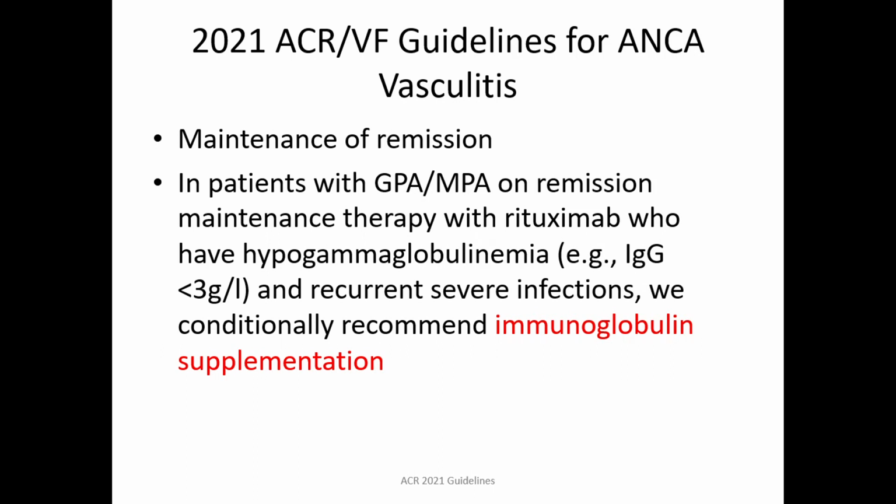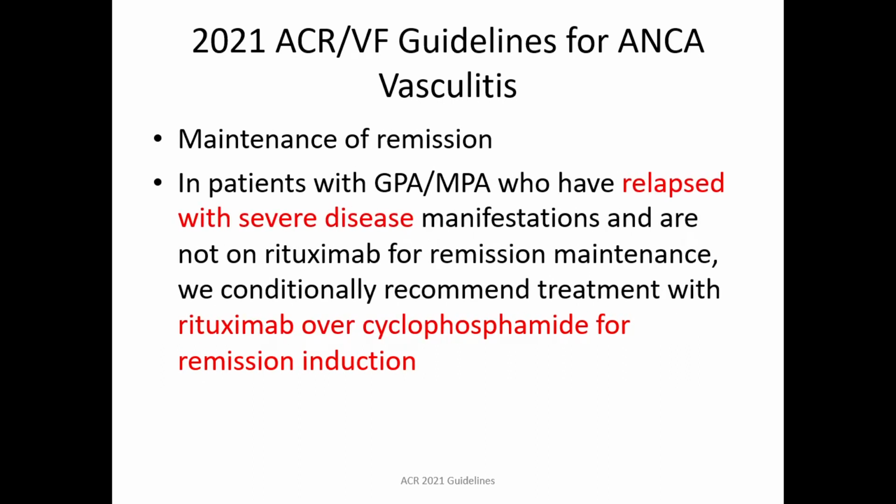If your patient with GPA or MPA is on remission maintenance therapy with rituximab and has hypogammaglobulinemia and recurrent severe infections, then in that case, the IVIGs are perhaps a better option.